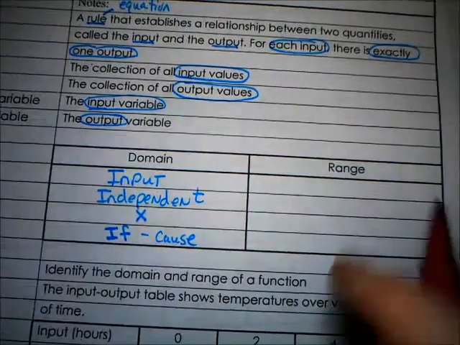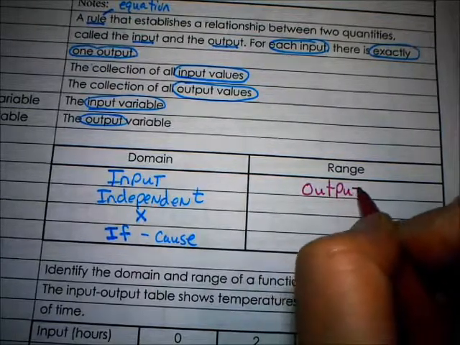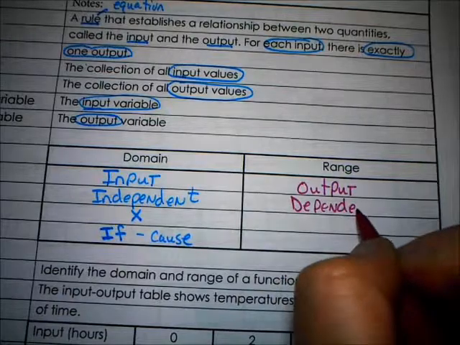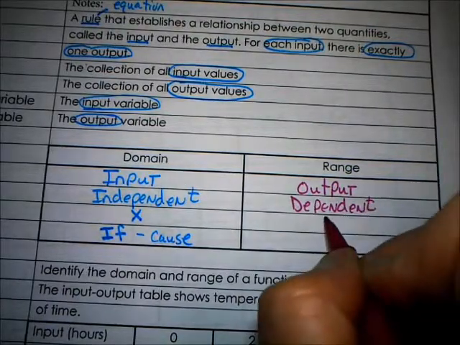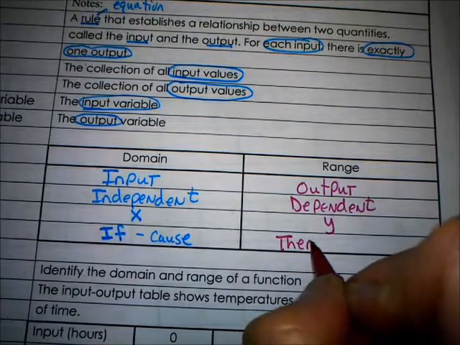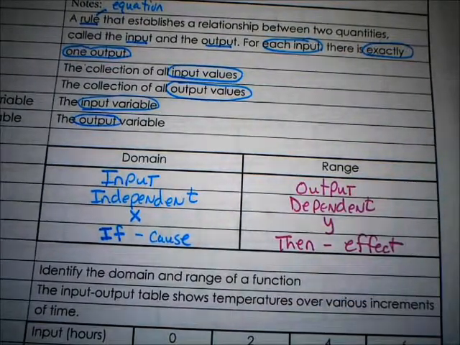On the range side, you have the output, you have the dependent, you have the y values. It is the then, which is also the effect of something taking place.